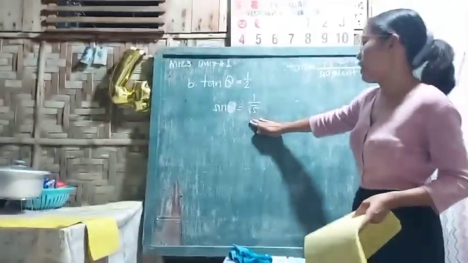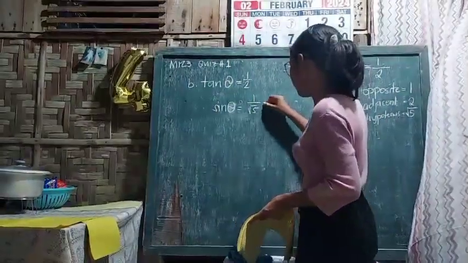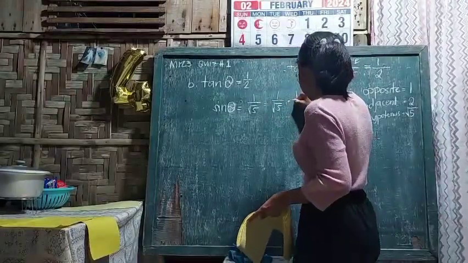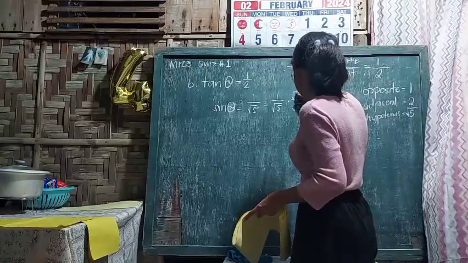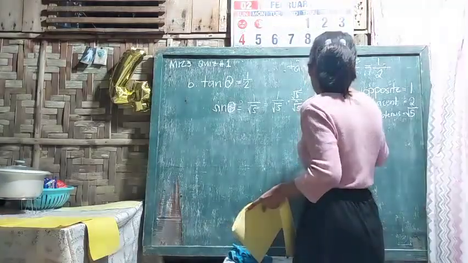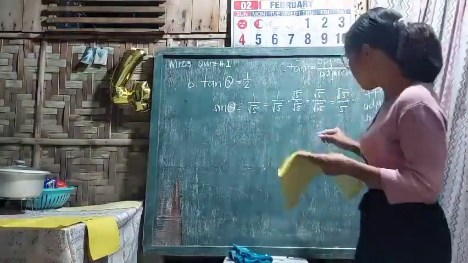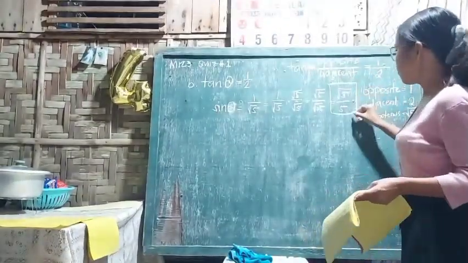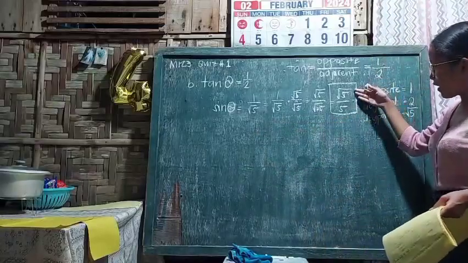We are going to simplify it by rationalizing our denominator. Our sine will become, from 1 over square root of 5, square root of 5 over 5.